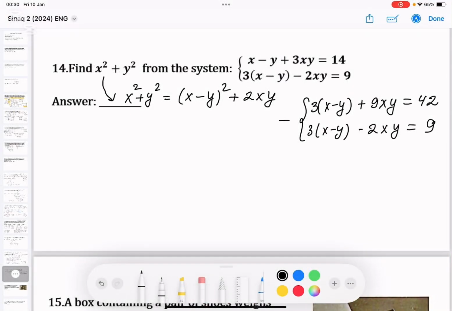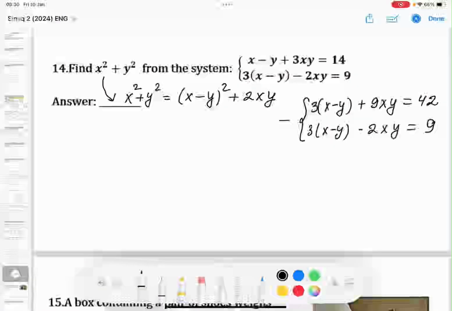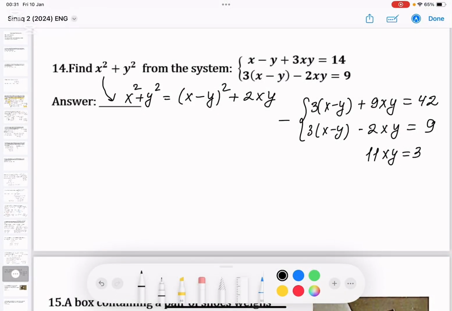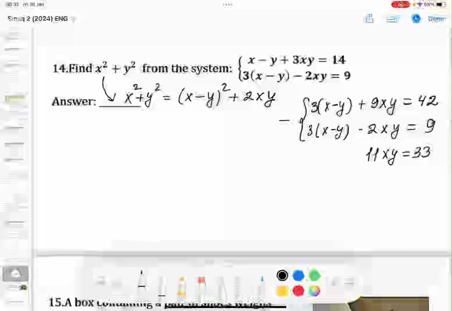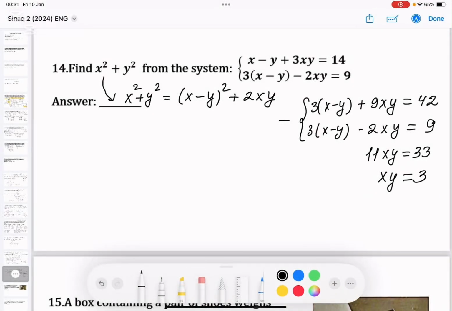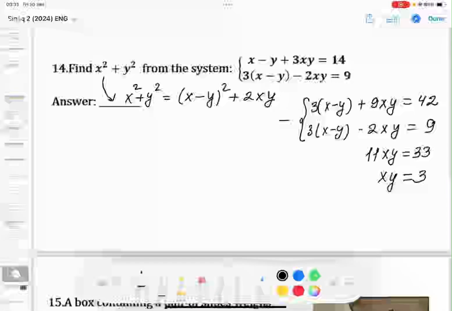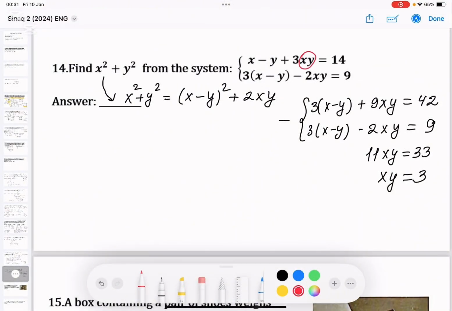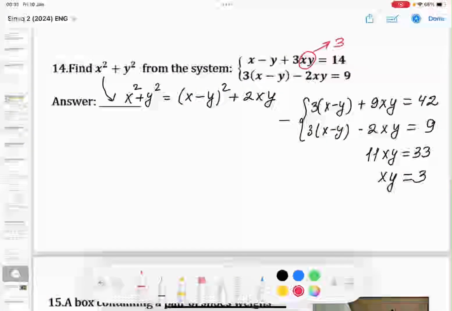So I'm going to subtract these two equations. I'm going to have 11xy. So it's going to be, yes, correct, 33. So xy equals 3. That's it. We found xy. When xy is equal to 3, it's not difficult to find x minus y.